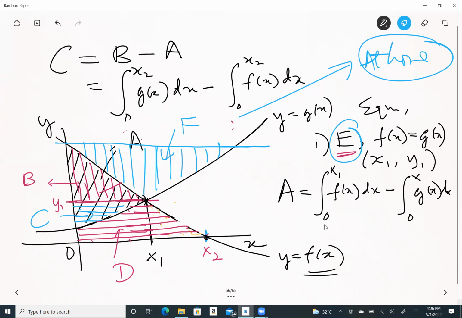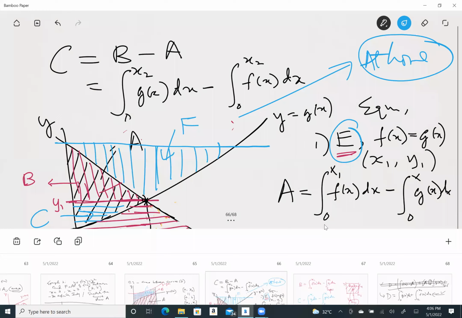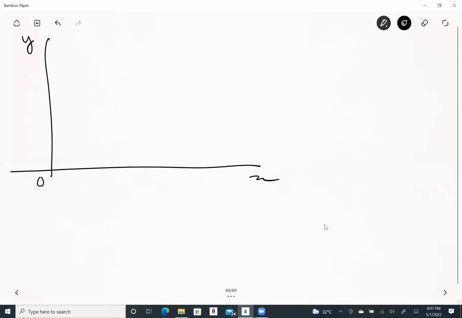All right. Okay, so let me give you one example. I want you to do this example. I'll give you a simple example. Let's say I have the following functions. This is x, y, 0. Suppose this is y equal to 3x plus 1.